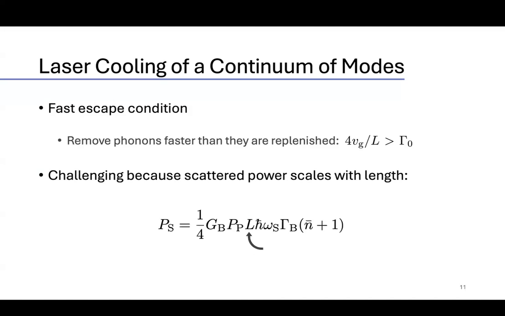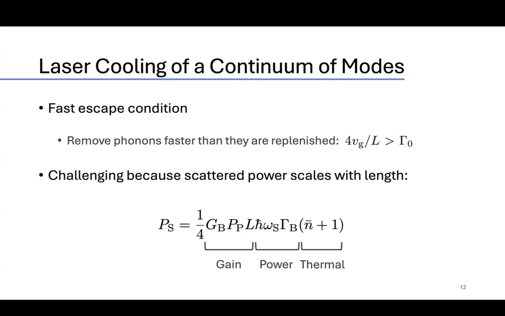And this is especially challenging in continuous media because the scattered power, which describes the strength of the cooling interaction, contains length. So the longer the interaction length, the stronger the laser cooling process. Some of these terms are relevant here and will show up as characters later in our story. So especially pertinent is gain, G_B.